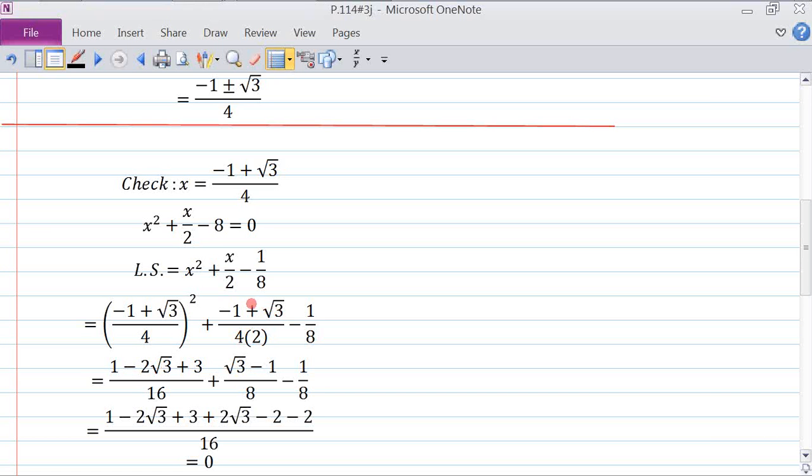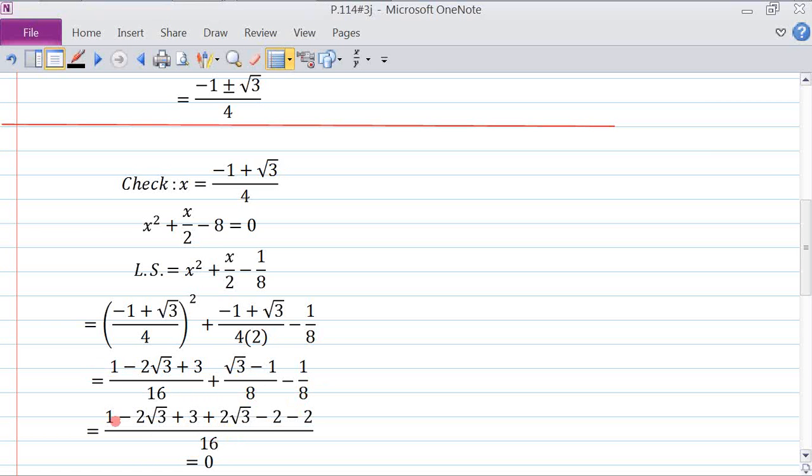And now what I've just done is transpose these two terms. Instead of writing minus 1 plus root 3, I've written root 3 minus 1. And this is 1/8. So notice that this is over 8 and this is over 8. So I'm going to multiply the top and the bottom by 2 here, and the top and bottom by 2, so we get a common denominator.